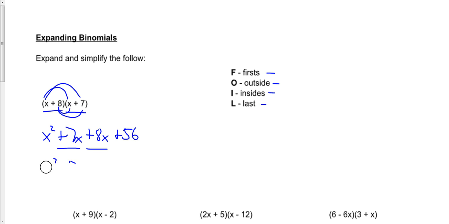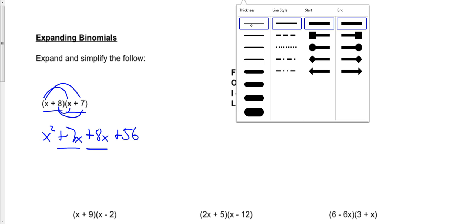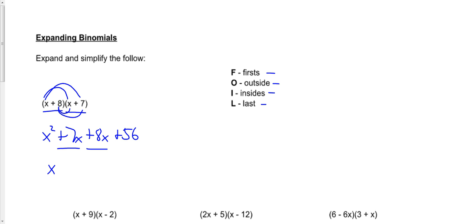Let me try that again. It's going to be x squared plus 15x plus 56.